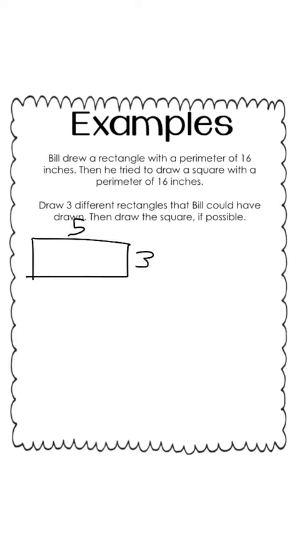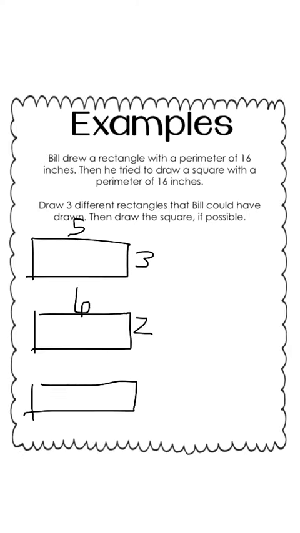That could be 3. Then I have another rectangle. Now I could do 6 and 2, because 6 plus 6 is 12, and then 2 plus 2 is 4. Add those together, make 16. And then my last one, I could do 7 and 1.